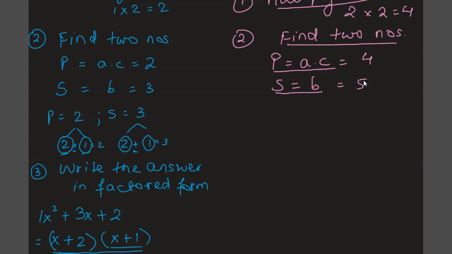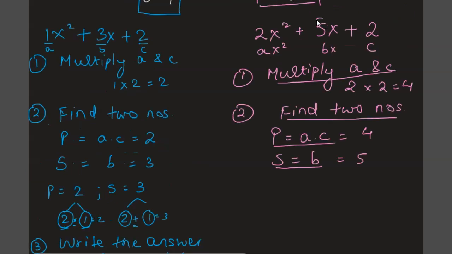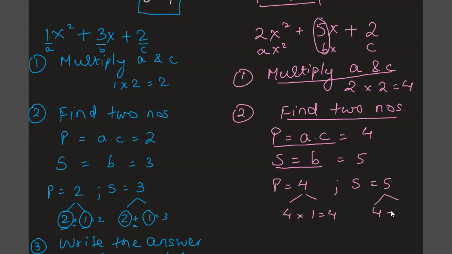My sum is 5 in this case, as my b is 5. So now I need a product of 4 and a sum of 5. The two numbers that give me a product of 4 and a sum of 5 are 4 and 1. When I multiply 4 with 1, I get 4. When I add 4 with 1, I get 5.